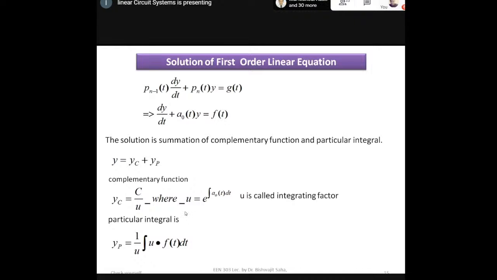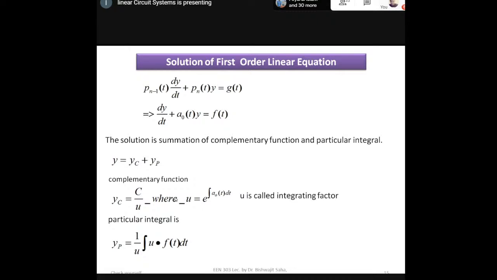If we have this kind of equation, we can find the solution in this way. And finally, y is going to be the summation of the complementary function and the particular integral. This was discussed in the last class.